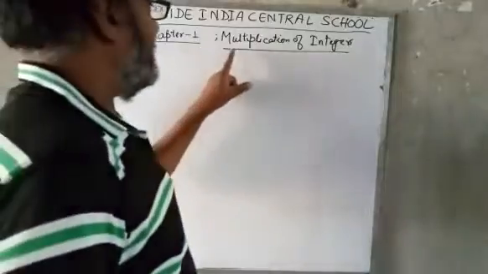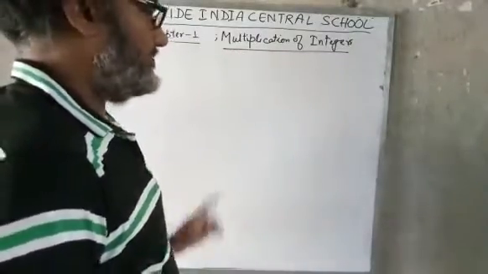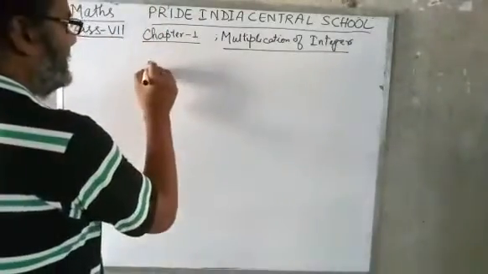Now the topic, multiplication of integers. It is followed by 2 rules. First rule, rule number 1.